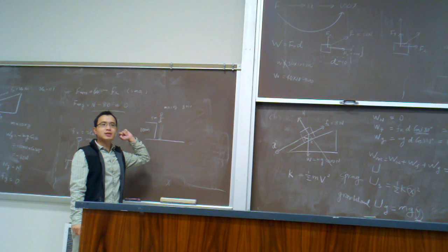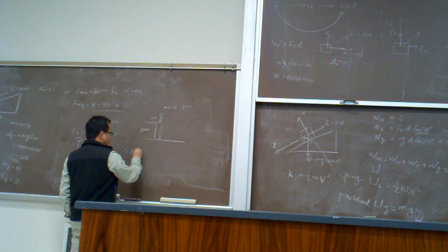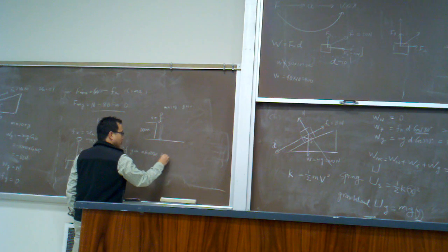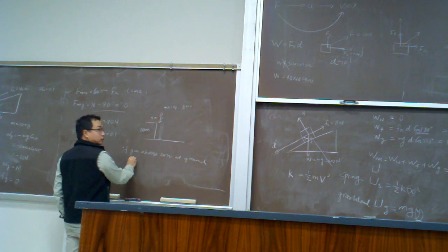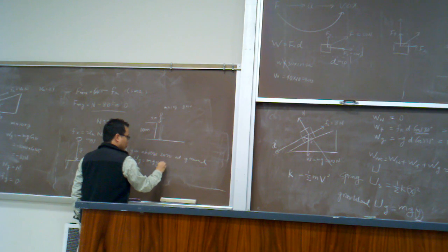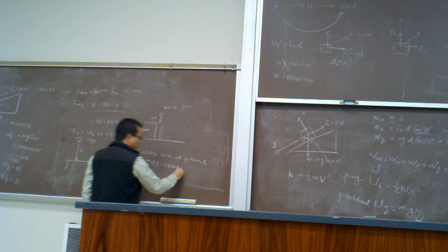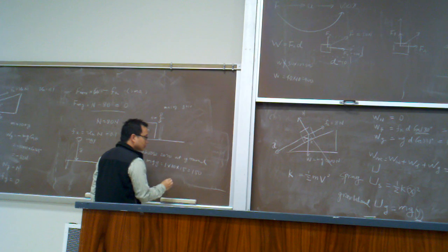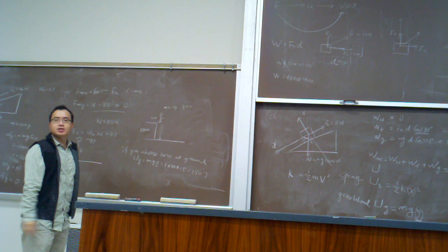Your answer depends on where you choose your zero reference. The normal choice may be the ground as 0. Then Ug equals mgy equals 1 times 10 times the height, which in this case is 15 meters, so it's 150 joule.